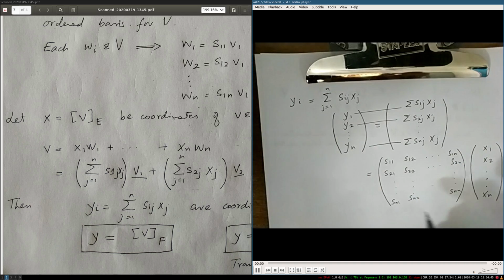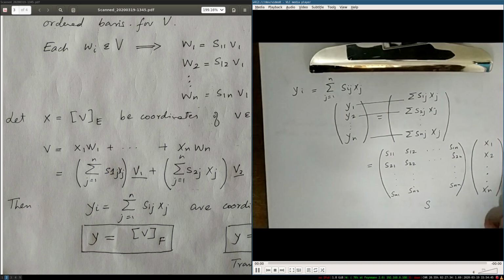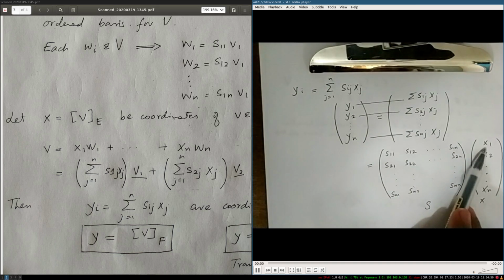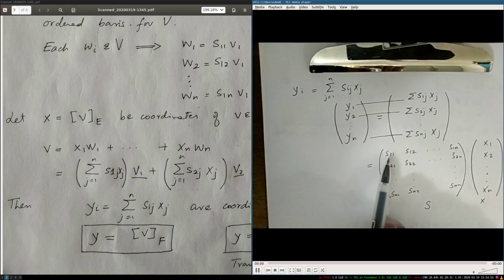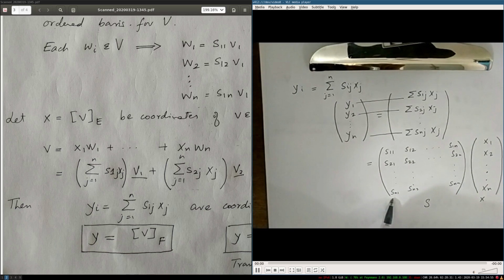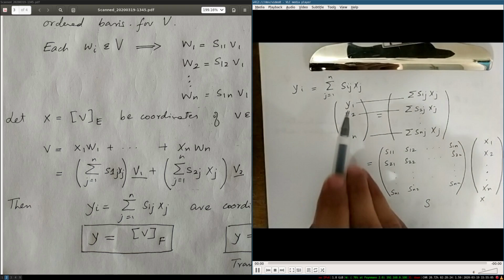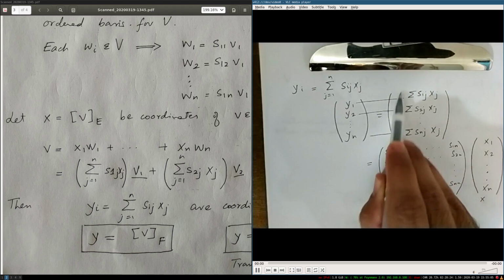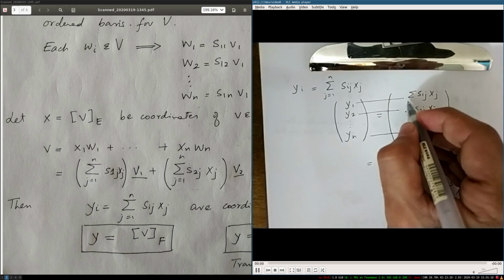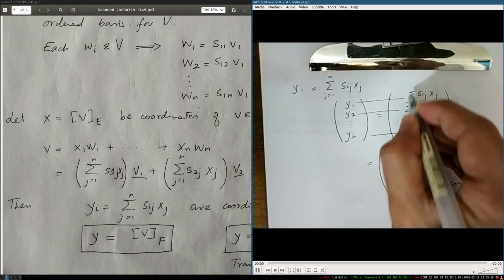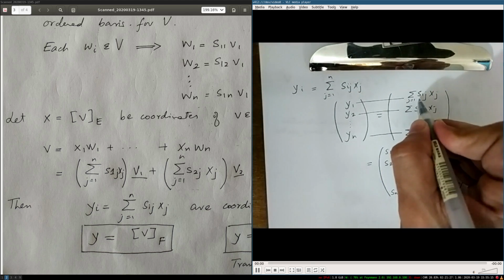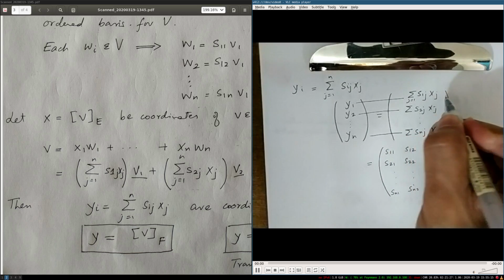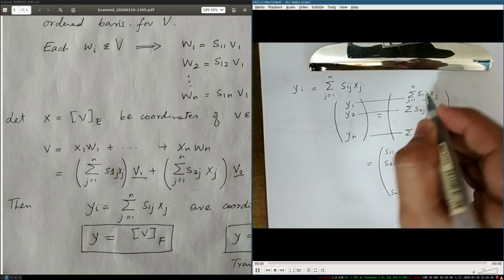And if I try to multiply this matrix S with this vector x, notice that x1 will be multiplied with s11, s21 up until sn1, exactly what we need for each of these y1, y2 and yn. Notice that when y is 1, you still have to go through each of these j's. So y1 is a sum of some scalar being multiplied to each of the xj's and then adding them up all together.